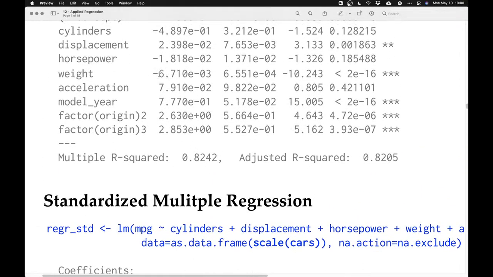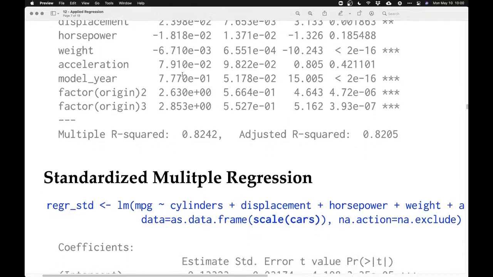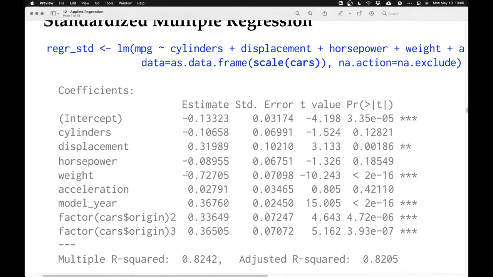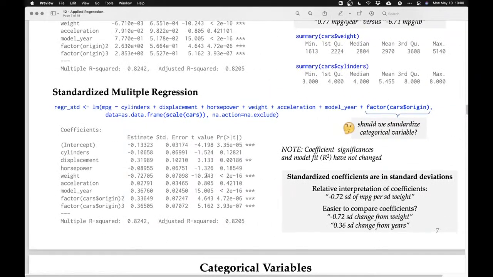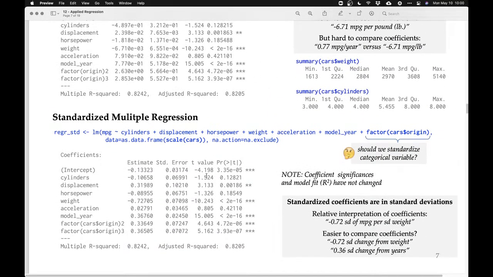The raw coefficient of weight was -0.006, but the standardized is -0.72, which tells us, given the natural differences in the number of cylinders or in the weight, it appears that the weight has a larger effect on miles per gallon, when we take into account what its actual range of values could be. All right, so that was doing a standardized multiple regression.